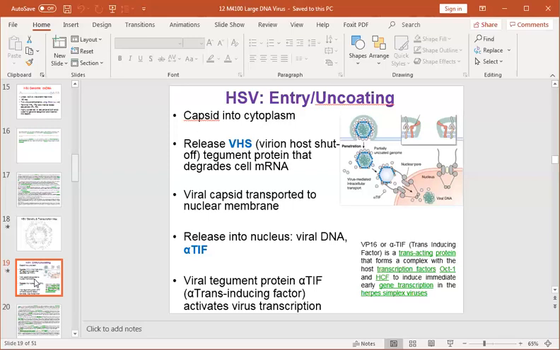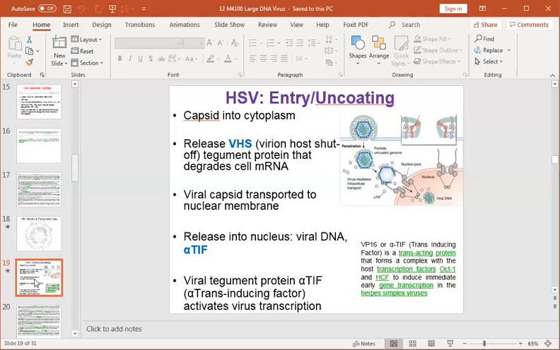At the membrane that surrounds the nucleus of the host cell, the viral DNA and another factor called alpha TIF, or trans-inducing factor, will be released into the host cell nucleus. Alpha TIF from the virus will form a complex, will associate with OCT1 and HCF transcription factors.